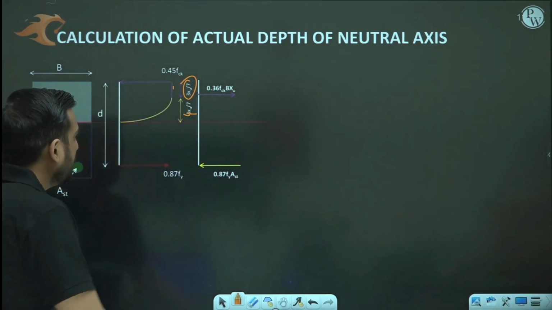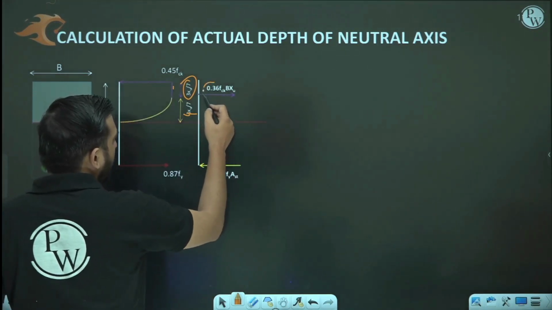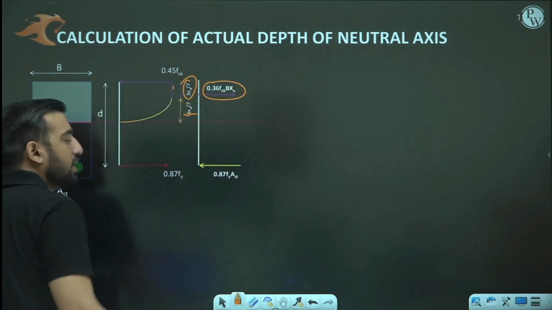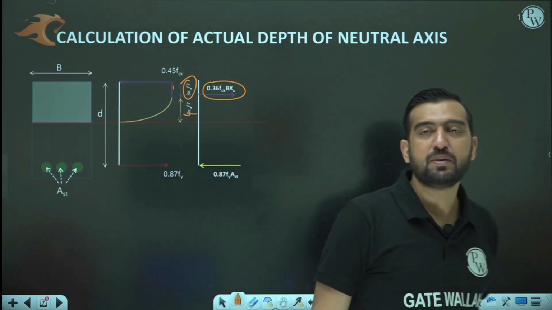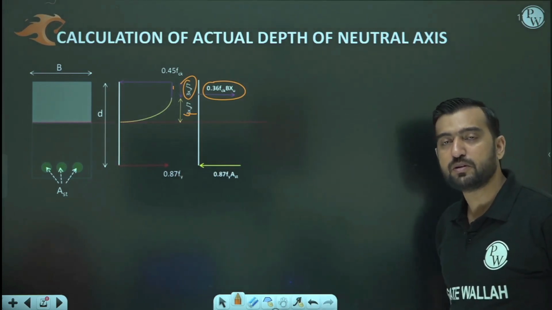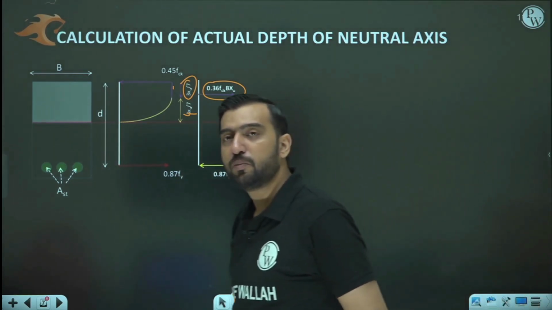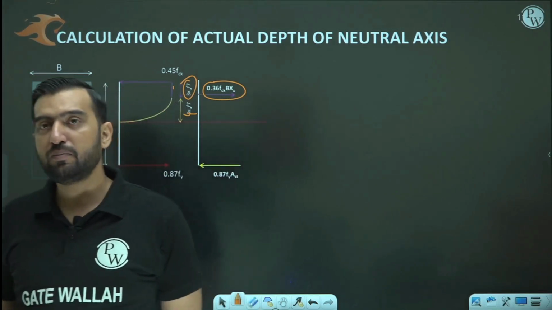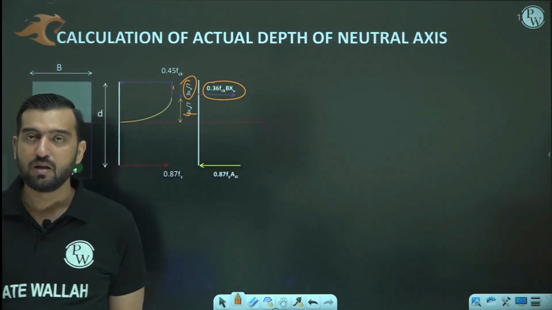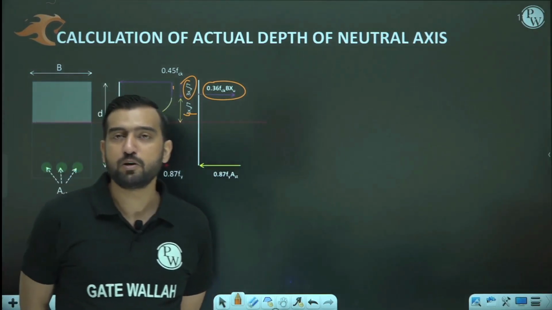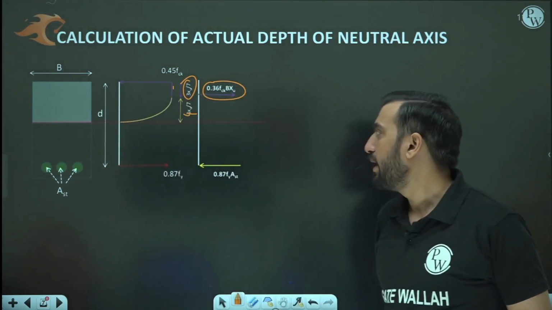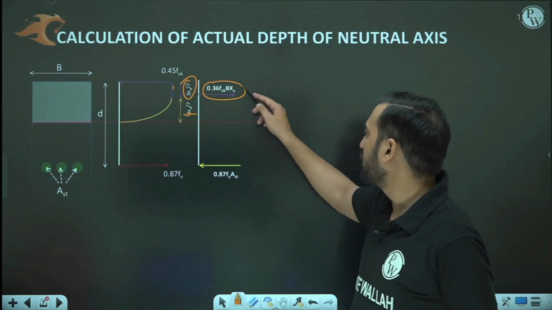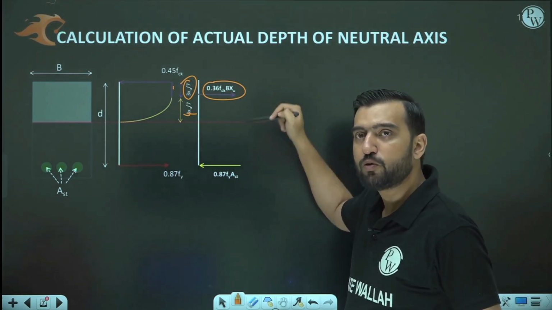And we have seen that the resultant compressive force due to the rectangular portion as well as the parabolic portion comes out to be 0.36 FCK B XU. Out of this 0.36 FCK B XU, 0.19 FCK B XU is due to the rectangular block and 0.17 FCK B XU was due to the parabolic block. Okay, and what is the location? Location was 0.42 XU from the topmost fiber.